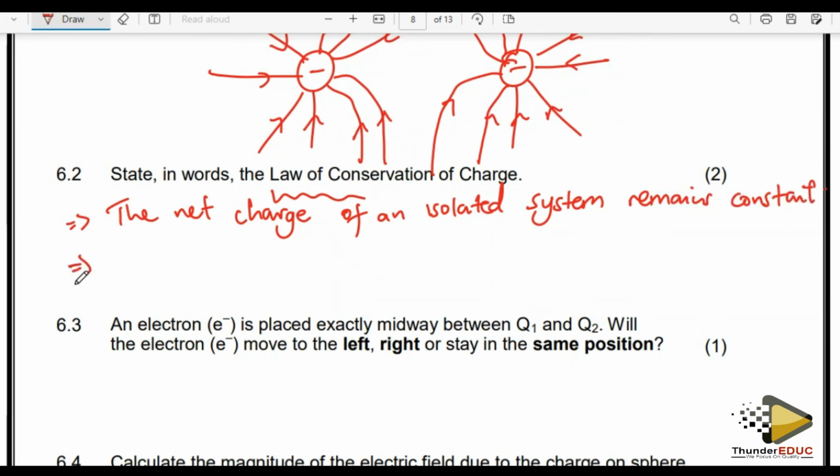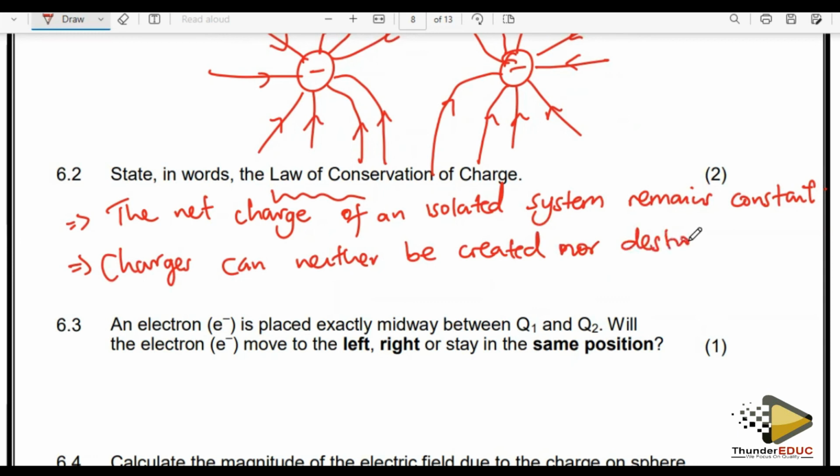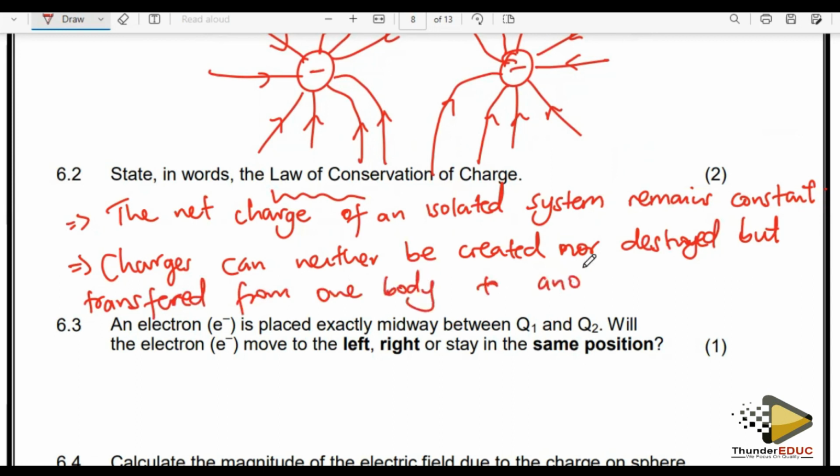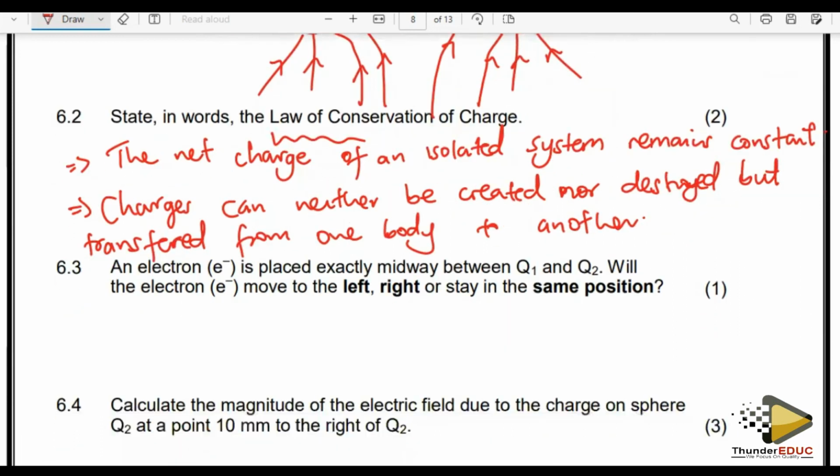Or someone can say that charges can neither be created nor destroyed. They are just transferred from one body to another. Alright, so any one of the two will work for us.